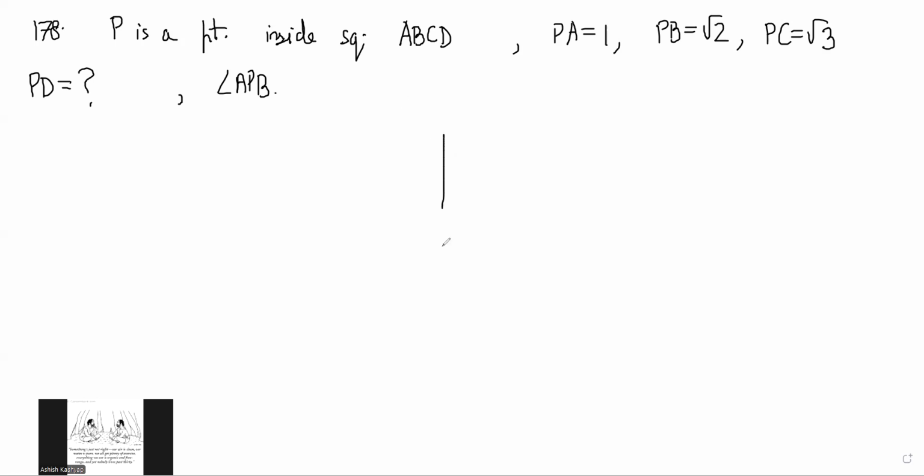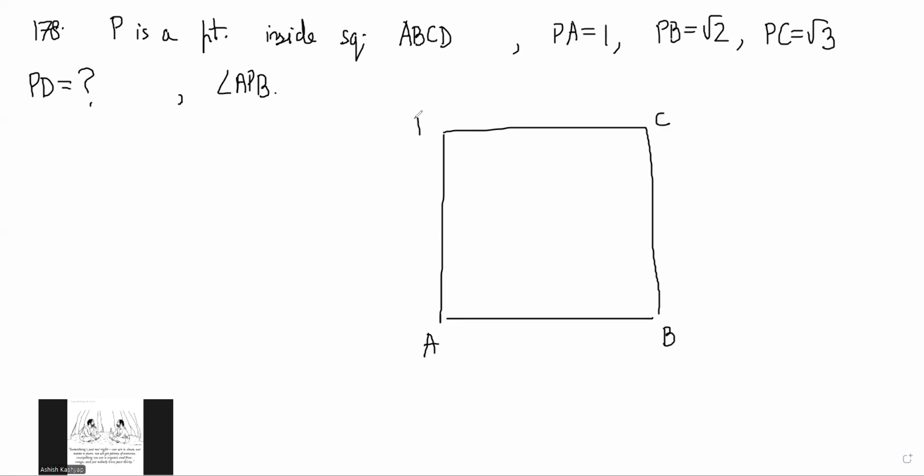So let's draw a square, A, B, C, D. P is a point such that PA is 1, PB is root 2, and PC is root 3.